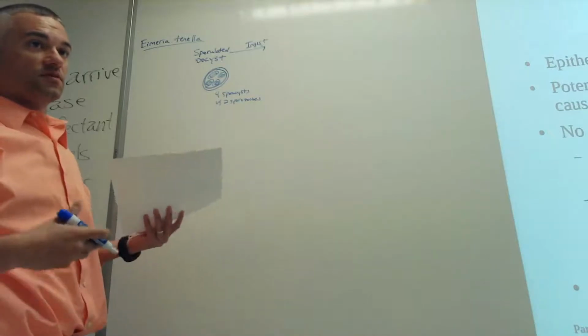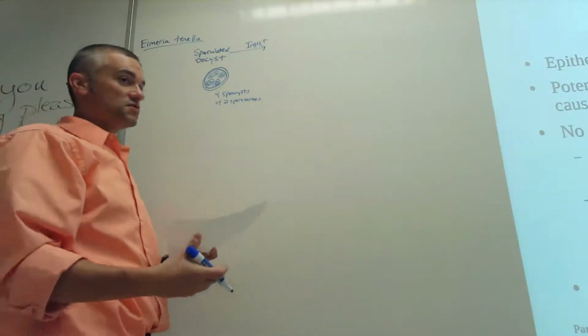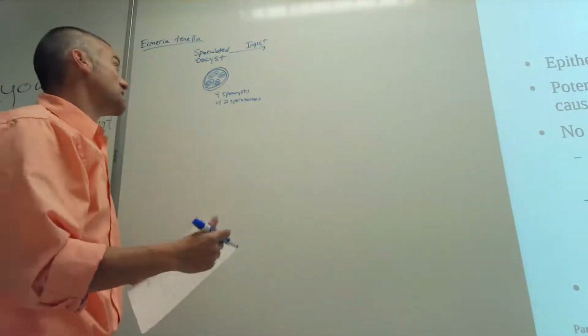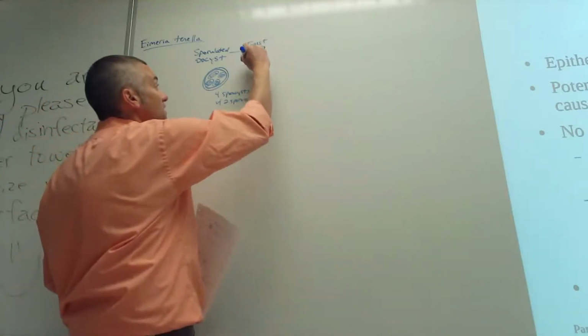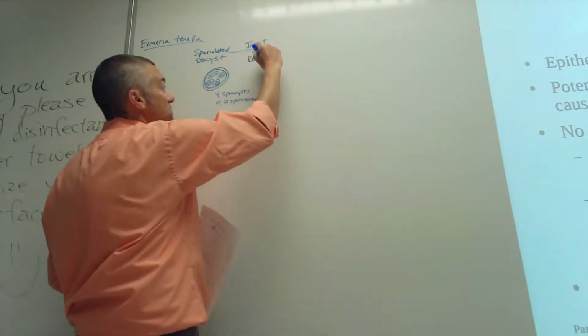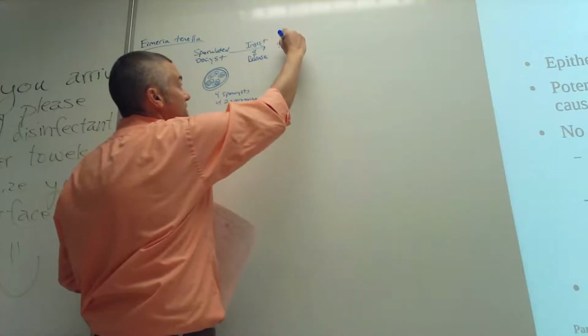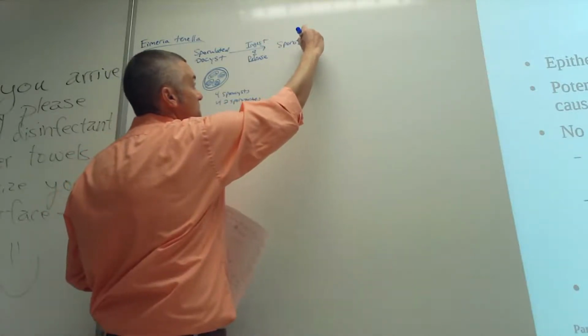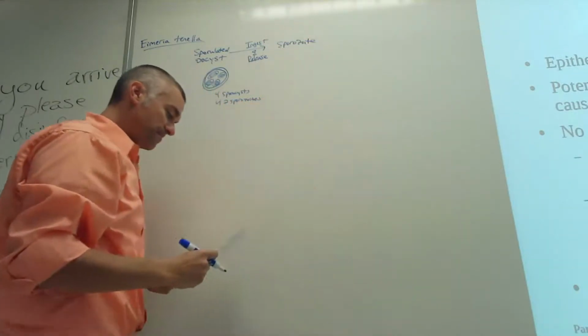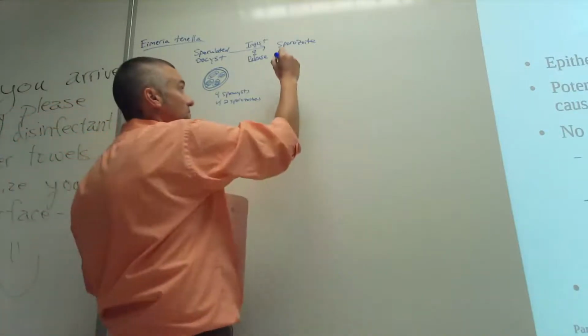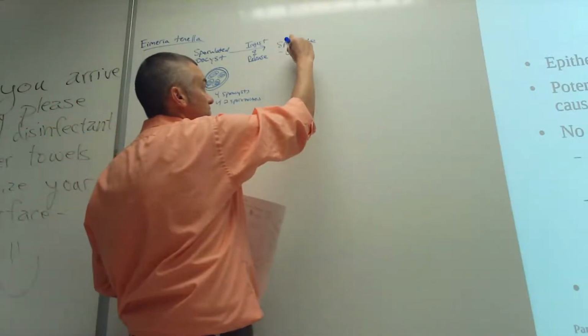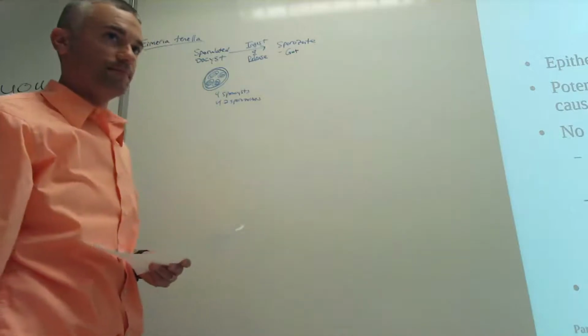All right. The host digestive enzymes are going to dissolve that structure, releasing our sporozoites. It's in the lumen of the gut.